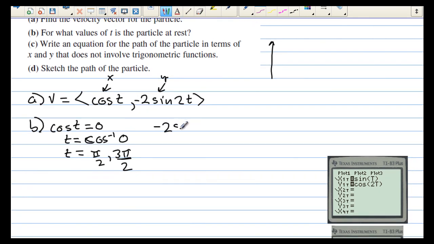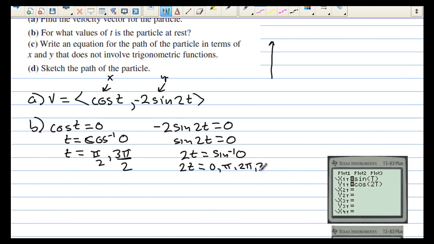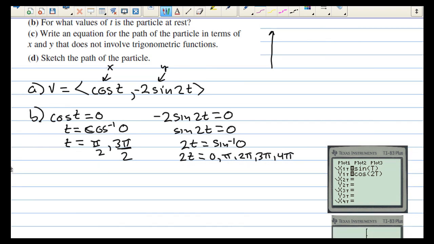So we have negative 2 sine of 2t equals 0. Sine of 2t equals 0, divided by negative 2. So 2t equals inverse sine of 0. The inverse sine of 0, sine is 0 at 0, pi, 2 pi, 3 pi, 4 pi, and so on.